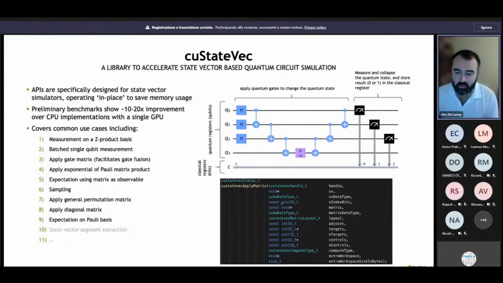The memory is handled internally on the GPU, and there's no need for you to do any of these complicated and taxing memory transfers. So common use cases here are measurement on a Z-product basis, single qubit measurement, applying gate matrices, all sorts of things for typical state vector simulation tasks.